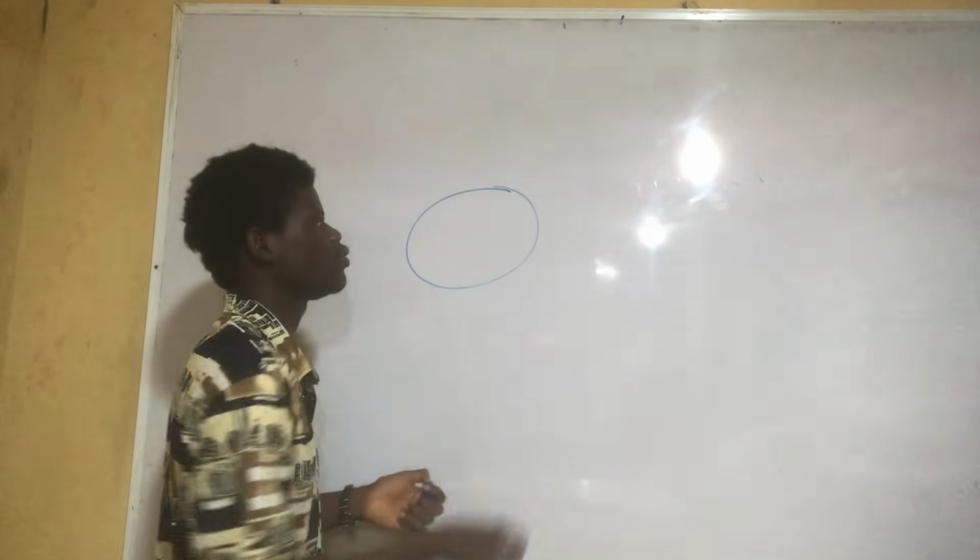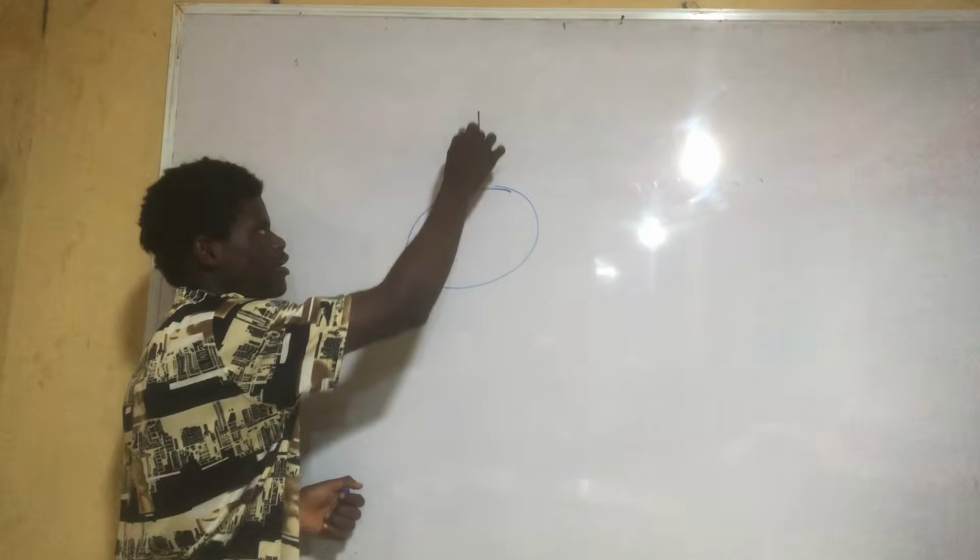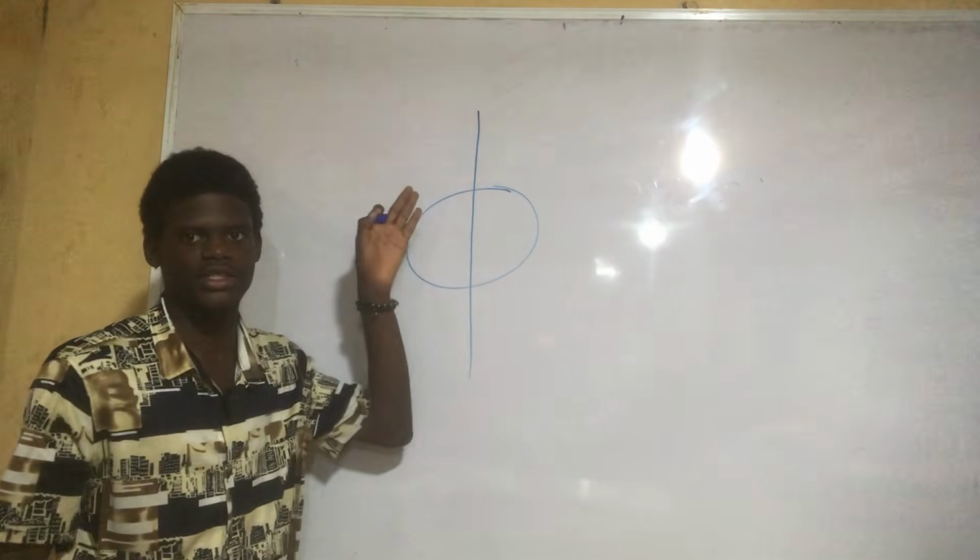Now let's move to the parallel axis theorem. This theorem is for solving questions when we are not considering the central axis. When we say the moment of inertia of a circle, we are considering it from the center, passing through the central axis.